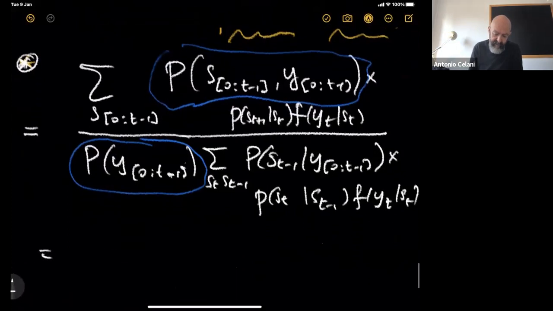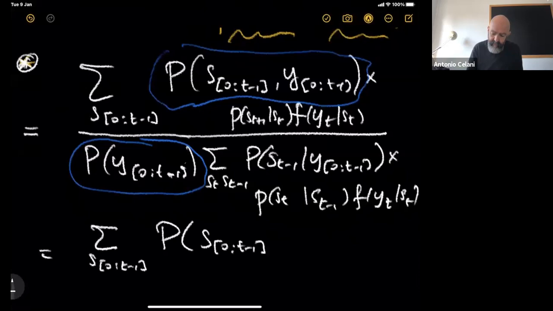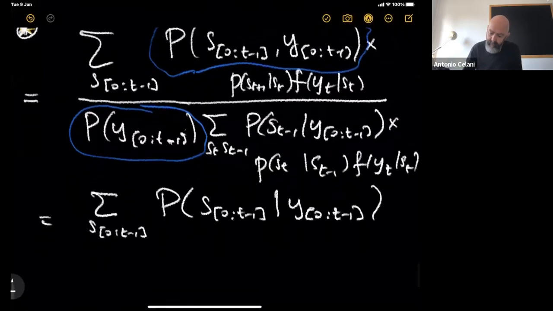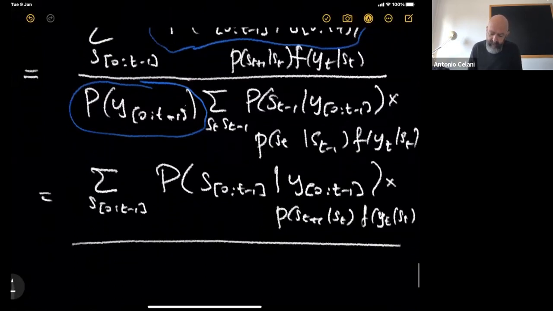This means that I have the history up to time t minus 1, probability of the state conditioned on it, times the transition times the observation, divided by what is left from the denominator as t minus 1.